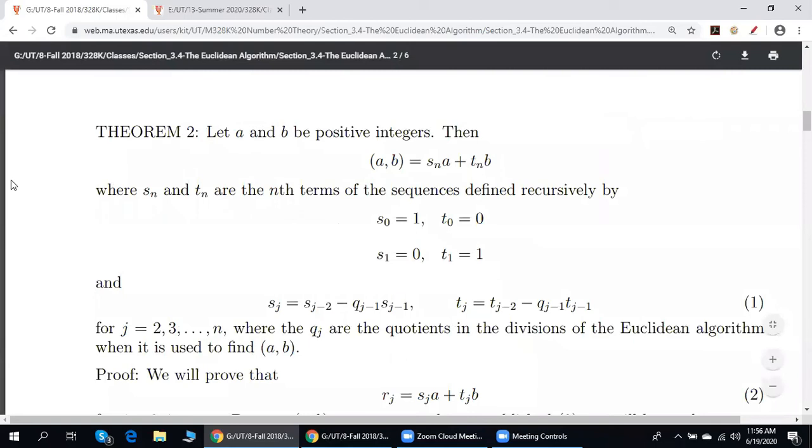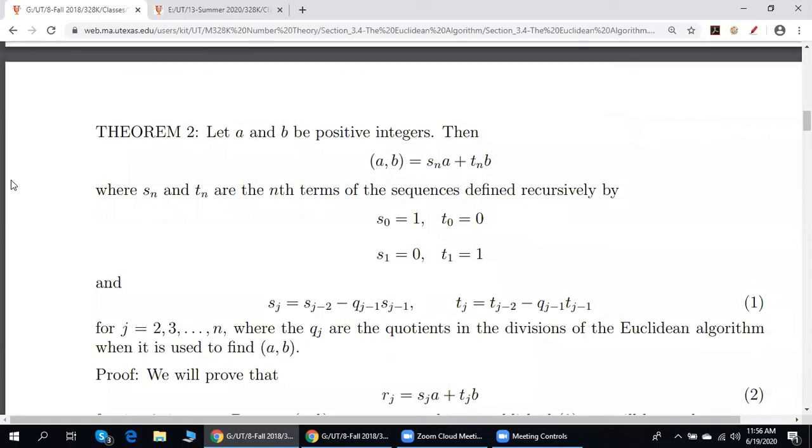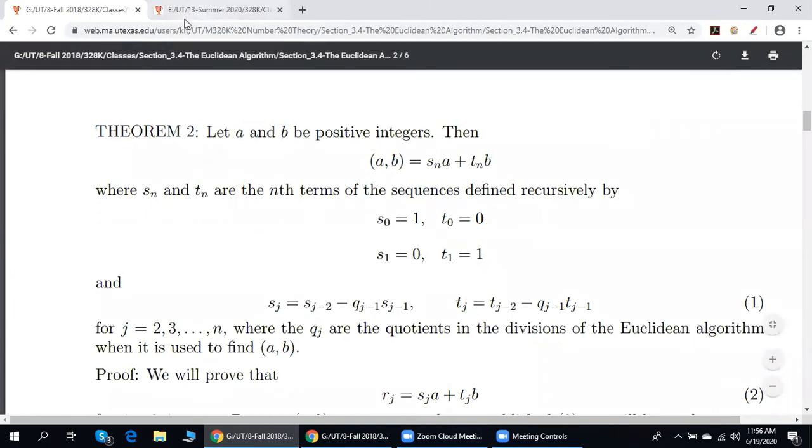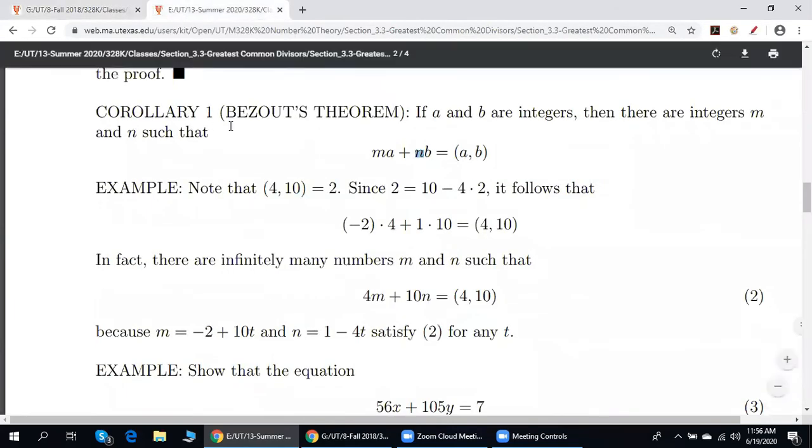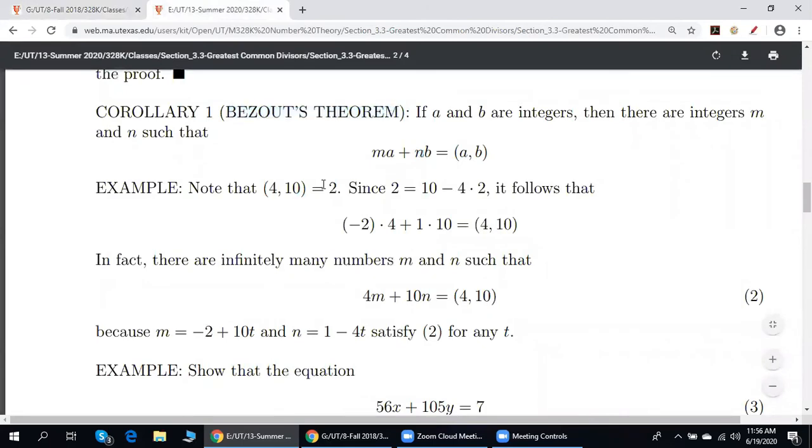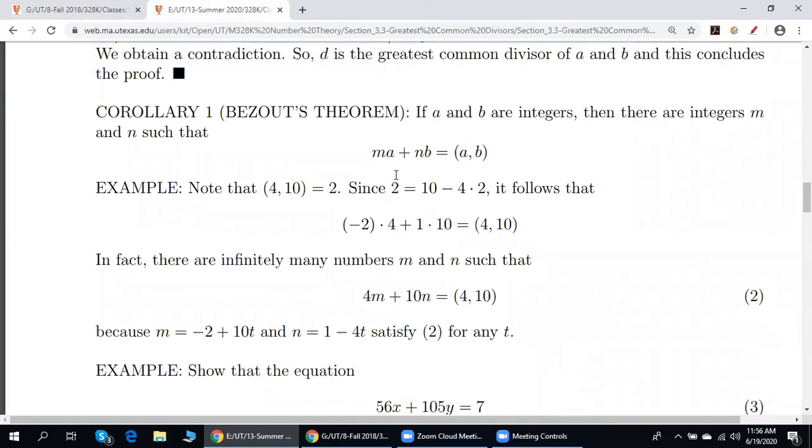Talking about applications. One application of Theorem 2 is already discussed. Please compare once again Theorem 2 and Bezout theorem. Bezout theorem says that there exist integer numbers m and n such that the greatest common divisor is ma plus nb.